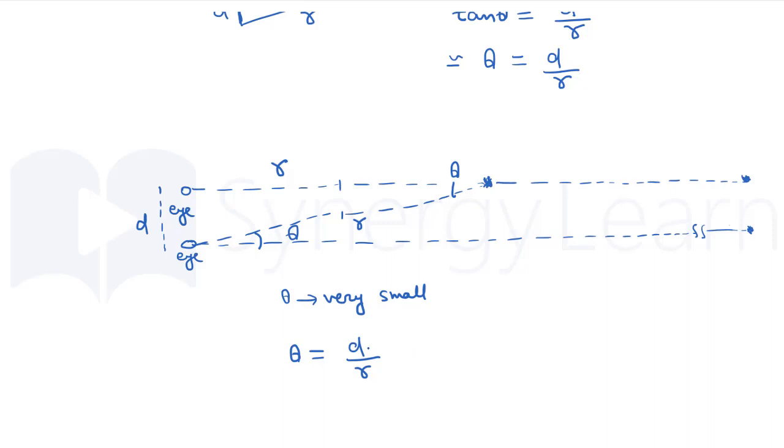So here we know distance D, we know angle theta, hence R can be put as D divided by theta.